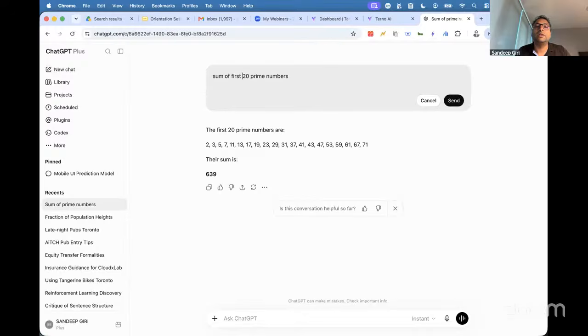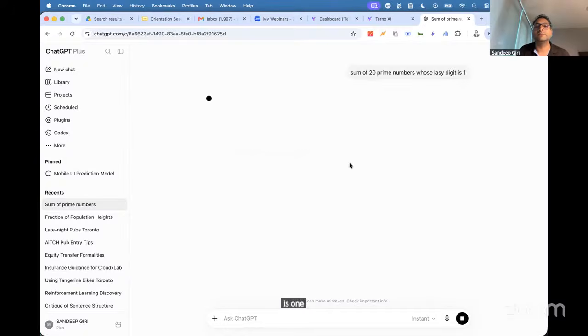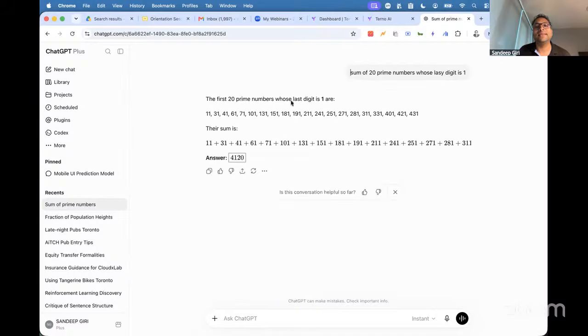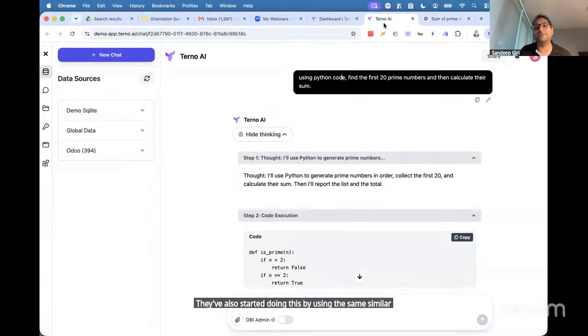Sum of 20 prime numbers whose last digit is 1. Let's see. They've also started doing this by using a similar strategy to what Turno is doing.